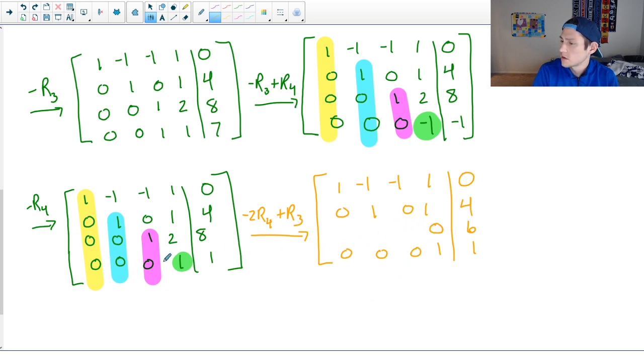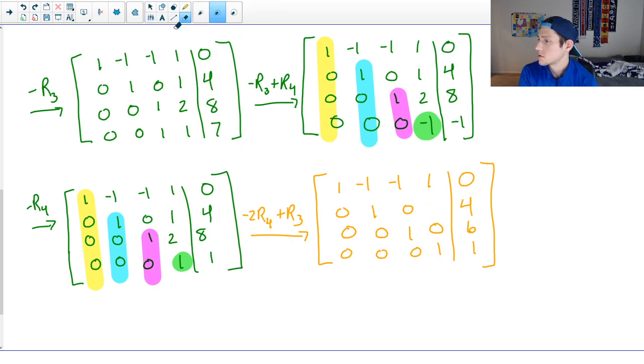The rest of this stuff, look, the rest of row 4 is just zeros. So when I add zeros to any of these, so 0, 0, 1. Okay, just going to realign this a little better.